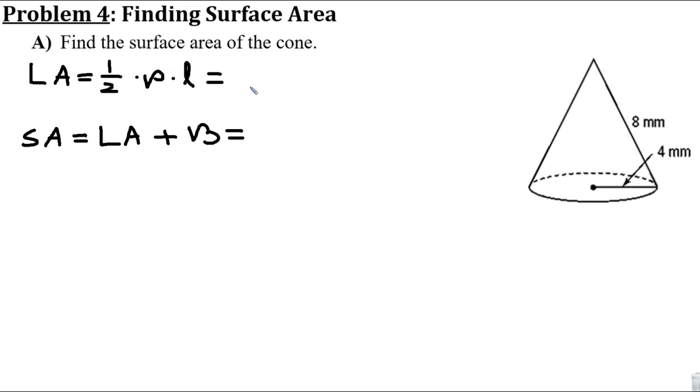All right, so filling that formula in, we've got the 1/2. And then for the P, once again, we're talking about the perimeter of a circle, aka the circumference of the circle. And I know my circumference formula is 2 times pi times the radius, so we'll go 4. And then once again times the slant height, we have that here, that's the 8.